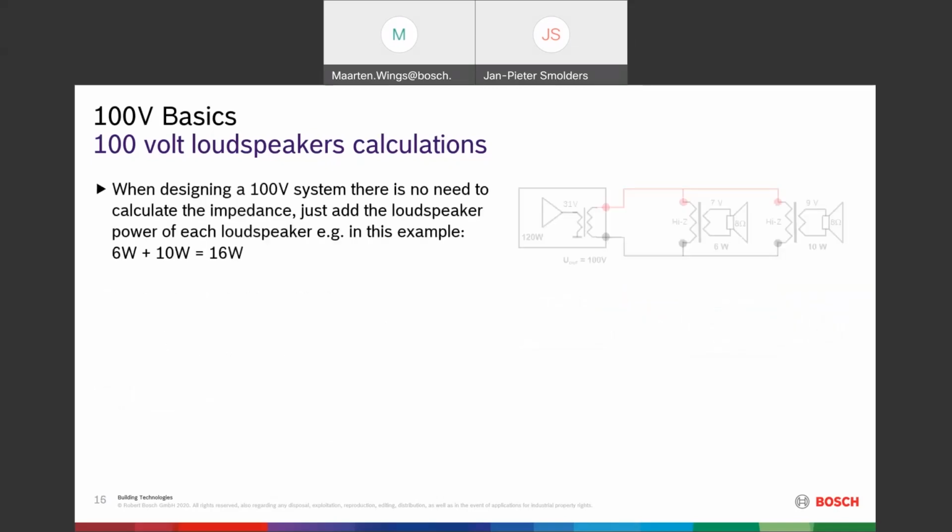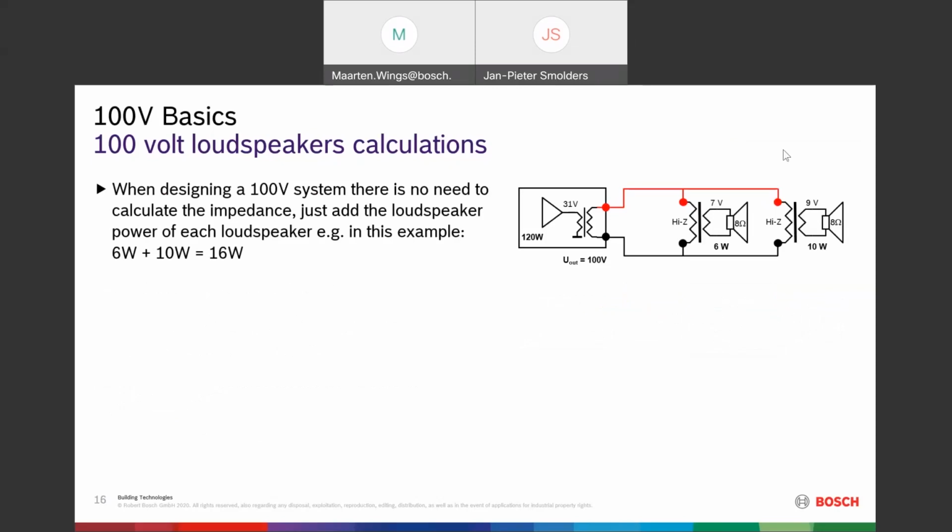But there's an easier way, because you don't really need to calculate all this. You can just add the power of the loudspeakers. So if you know what the power consumption of a loudspeaker is at 100 volt, by means of the data sheet or the specifications, you can just add them all up, and then you will see what the actual load of these loudspeakers to this 100 volt amplifier is.